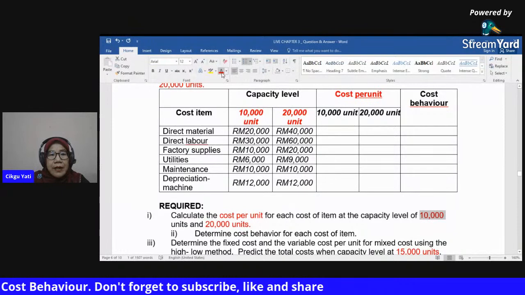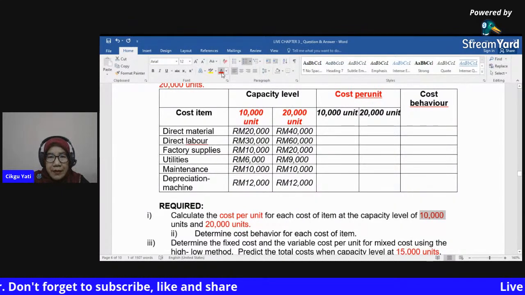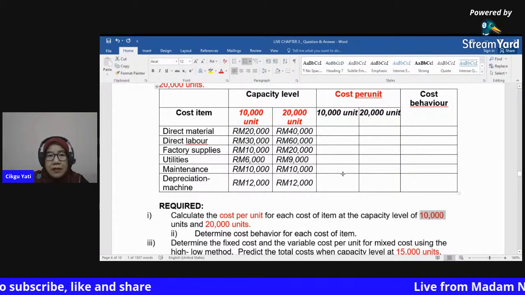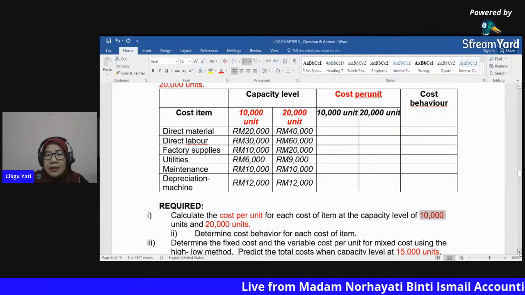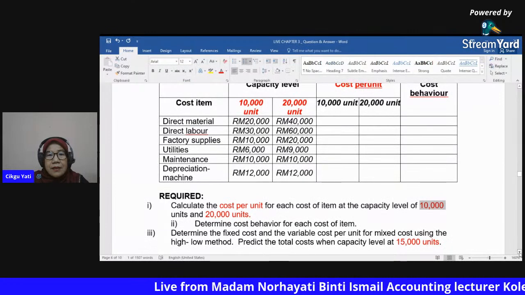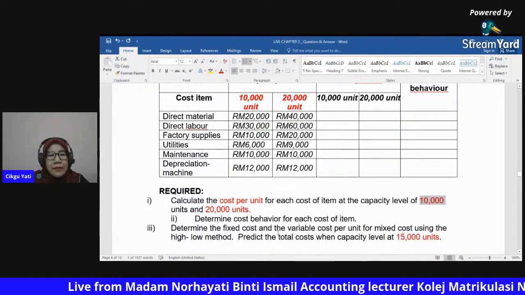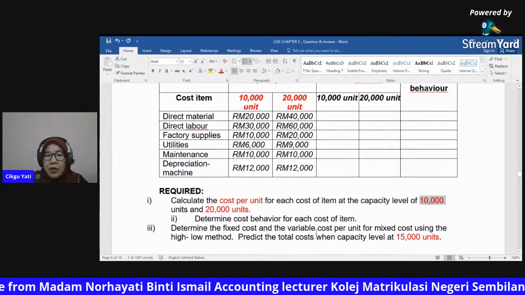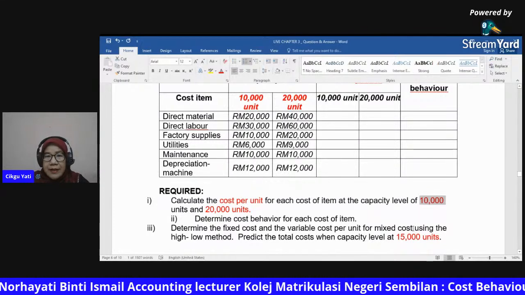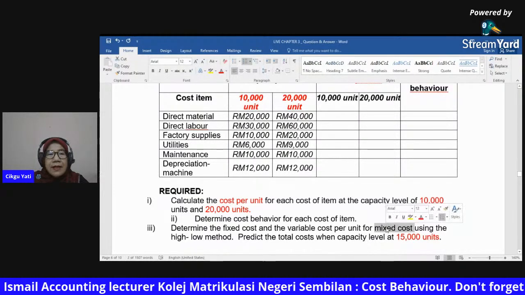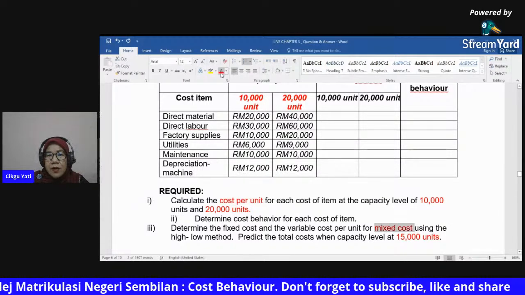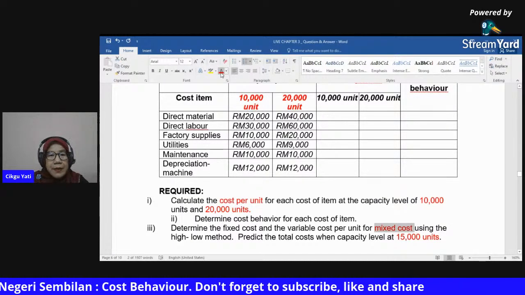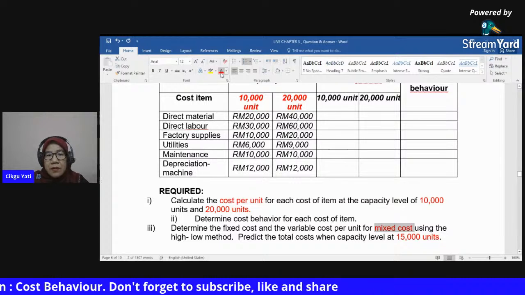The second one, determine the cost behaviors. Based on the calculation, you can classify the cost behavior. The third one, determine the fixed cost and variable cost per unit for mixed cost. There are mixed costs in the question. You have to segregate mixed cost into variable cost and fixed cost.